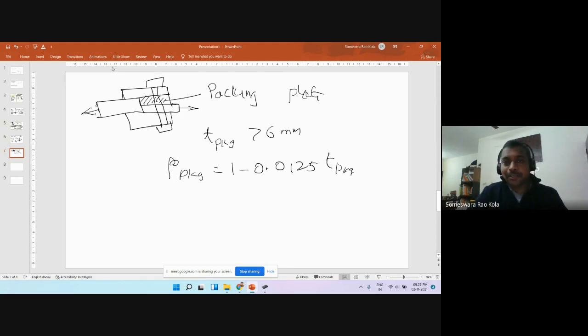Obviously, you can see all these factors are less than or equal to 1. So we'll have to simply multiply these factors with the nominal shear strength of the bolt.